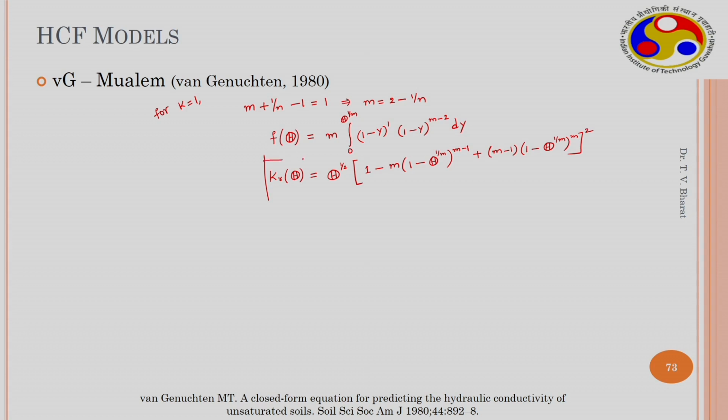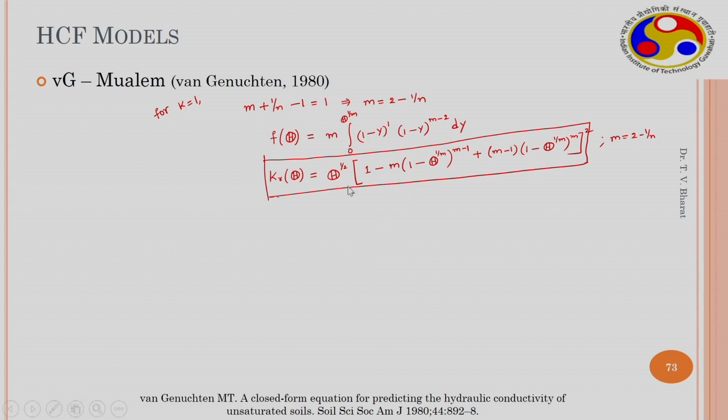So, this is the expression for relative hydraulic conductivity in terms of uppercase theta, that is, normalized volumetric water content. Here the condition is that m should be equal to 2 minus 1 by n. So, this is another particular equation.